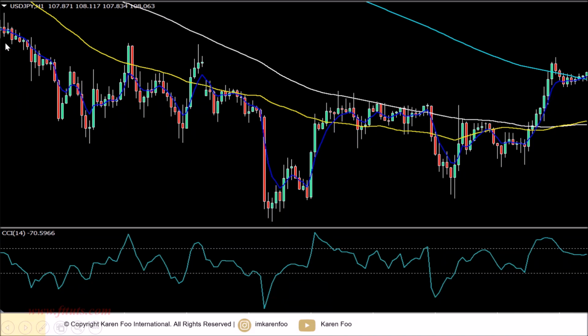You can see 5 EMA is like a magnet. If you have attended my previous beginner course where I go into detail on 5 EMA, you would know how to use it properly. Basically 5 EMA is like your magnet. When it detaches too much, it's going to go back.